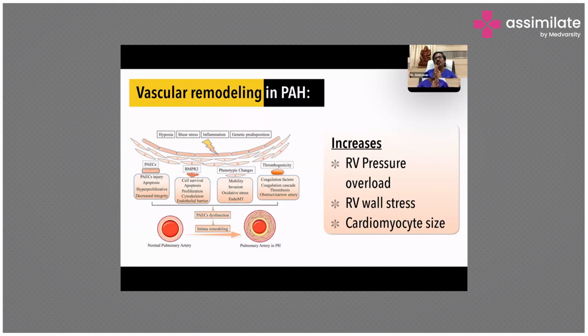So these chemicals or some changes in the internal milieu within the endothelium of the pulmonary vasculature lead to intimal proliferation, medial proliferation, and an increase in the smooth muscle. So all these things lead to thickening of the media and the intima, thereby reducing the radius of the pulmonary artery.